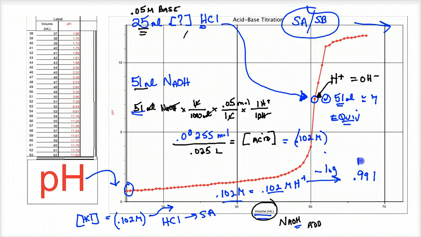That doesn't feel right. Initial pH of less than 1. Let me just make sure I did that right. So negative log of 0.102. Yeah, and of course that's what I get, something less than 1.